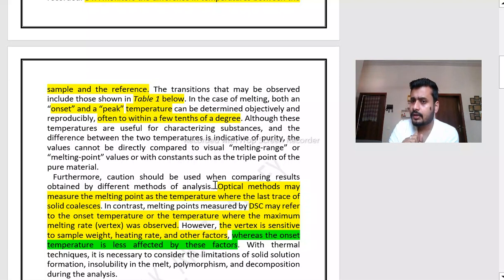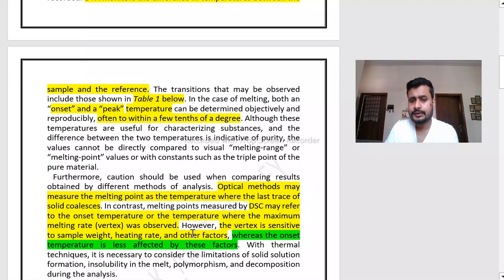As we know, in the old days we used the melting point apparatus to perform thermal analysis. Optical methods may measure the melting point as the temperature where the last trace of solid coalesces. In contrast, the melting point measured by DSC may refer to the onset temperature or the temperature where the maximum of the melting peak was observed.